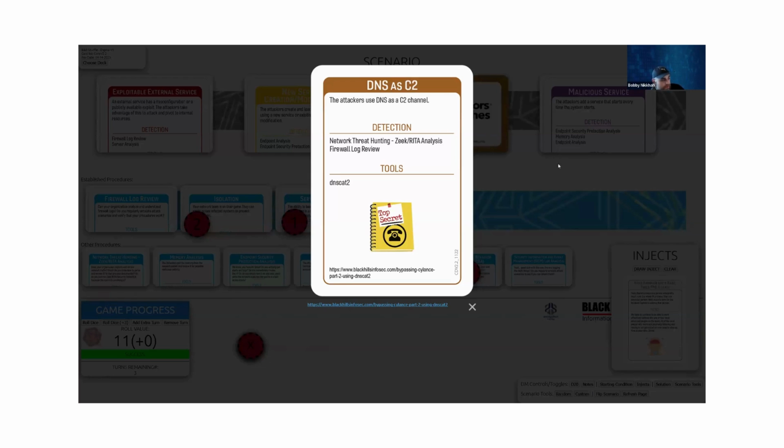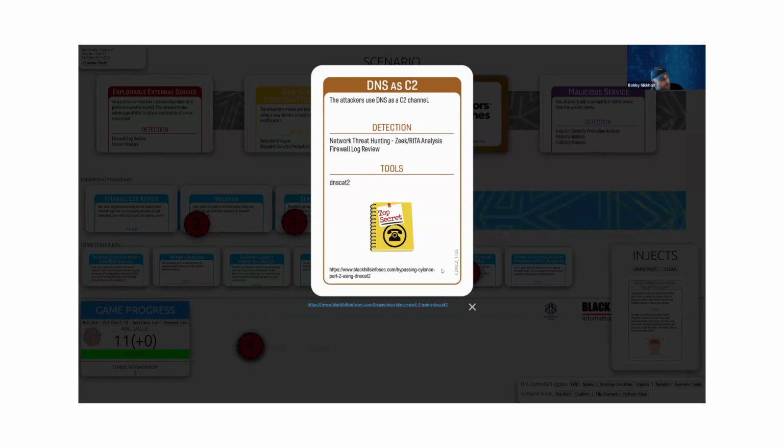So that would be DNS as a command and control channel, which again is found through firewall log review. So firewall log review is quite salient for this one. We did do the firewall log review once, but I think it was unsuccessful; we did server analysis.